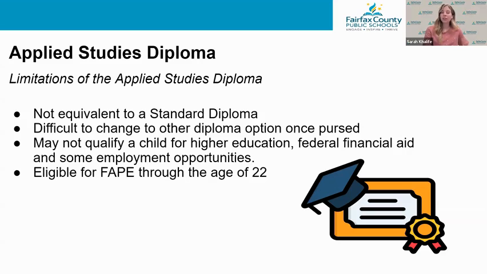Some limitations of the Applied Studies diploma are that it is not equivalent to a standard diploma. It's difficult to change to other diploma options once it is pursued. It may not qualify a student for higher education, federal financial aid, and some employment opportunities. And students are eligible for VAAP through the age of 22.